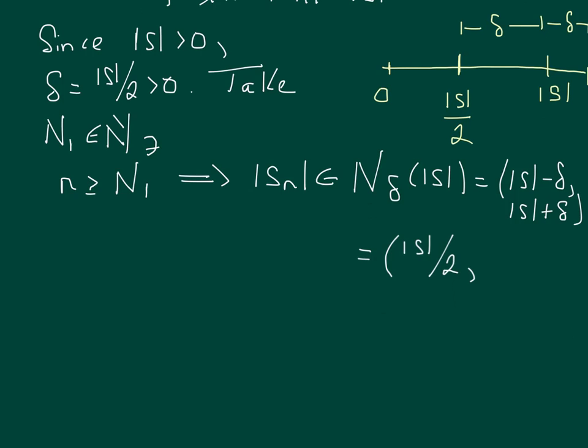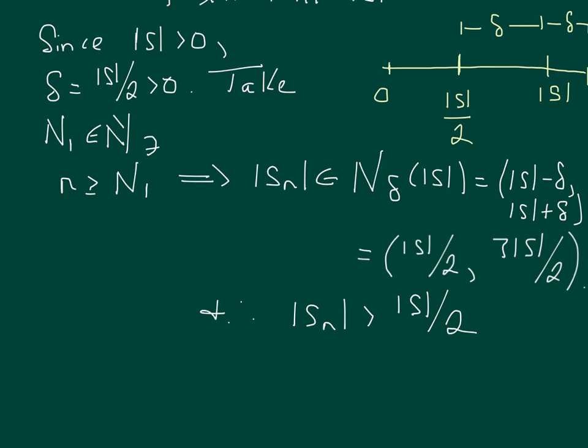And the absolute value of S plus the absolute value of S over 2 is 3 times the absolute value of S over 2. And therefore, the absolute value of S sub n in particular is bigger than the absolute value of S over 2.